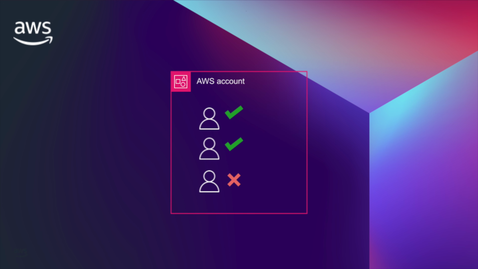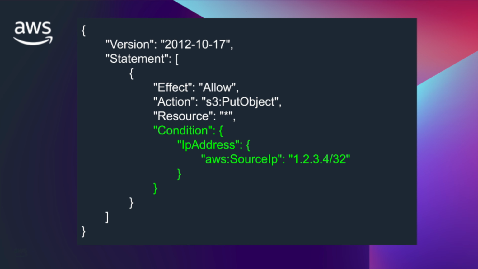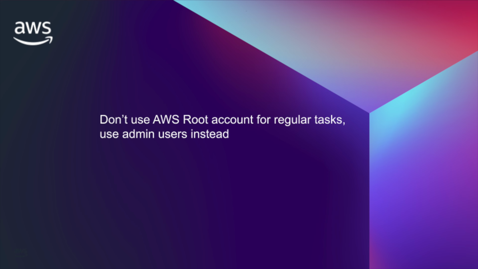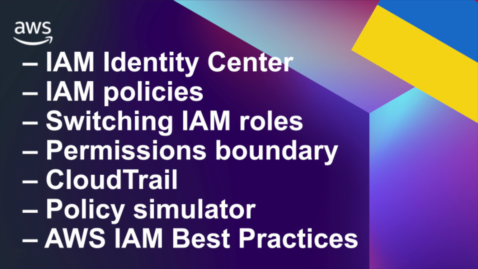Always delete inactive accounts and keys. Use conditions in policies for adding access restrictions, for example, restrict access based on IP address. And the last one, use the root account only for performing administrative tasks. Create separate administrative accounts for daily operations.